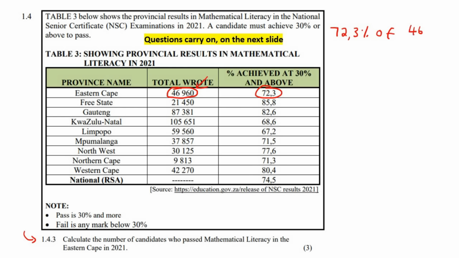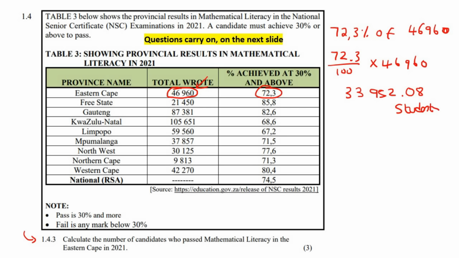You could say 72.3 over 100, and then multiply by 46960, and that's going to give us 33952.08. I was going to say rand, but it's just people. So we can say students.